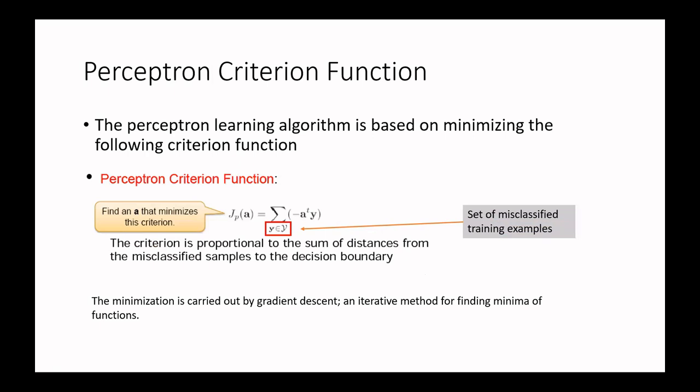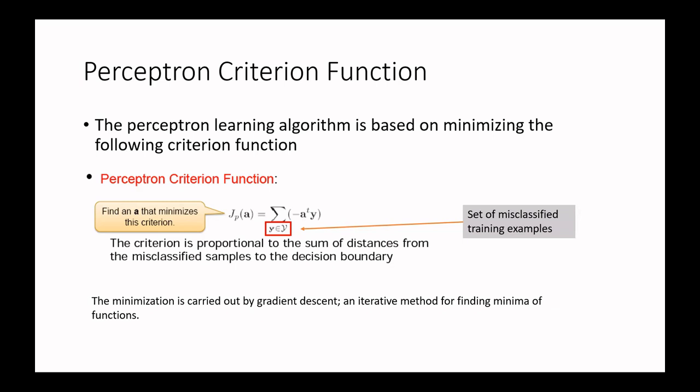Now you might be wondering how this algorithm was invented. Just to give you an idea of how we end up at this algorithm, the basic idea is that with the notation that I showed you in the previous slides, one can define some kind of cost function, which is shown here.